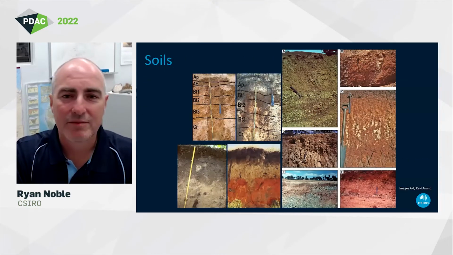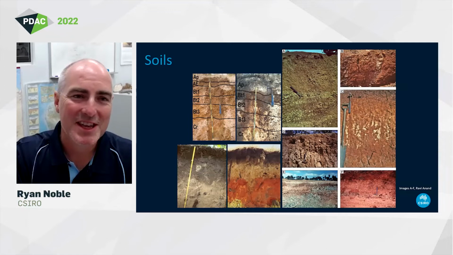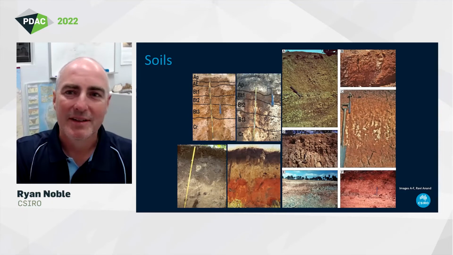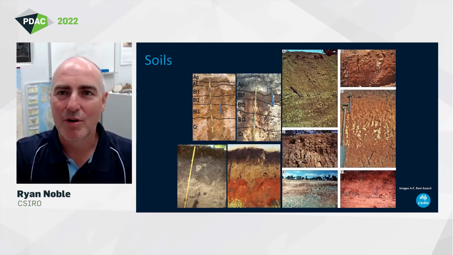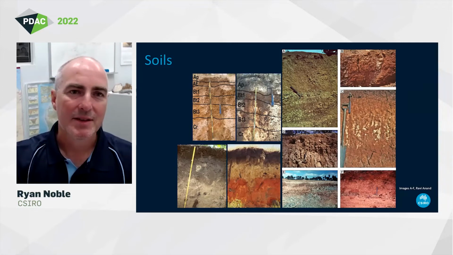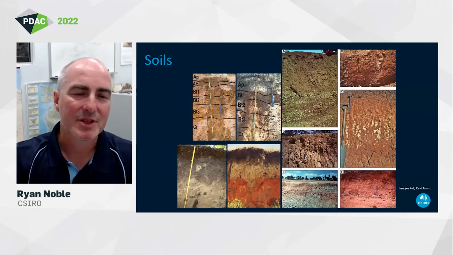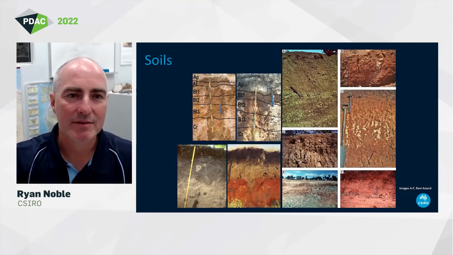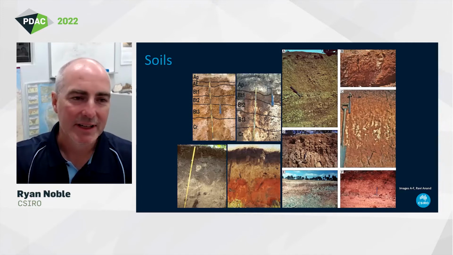I've already touched on the variance in soils, and you can just see here again a little bit of the variation in soil profiles, and depending on depth or depending on the weathering or whether it's eroded significantly, you might be picking up different horizons within those soils. So the figure there to the top left shows some of that horizon designation, and some of them you can see very clearly.